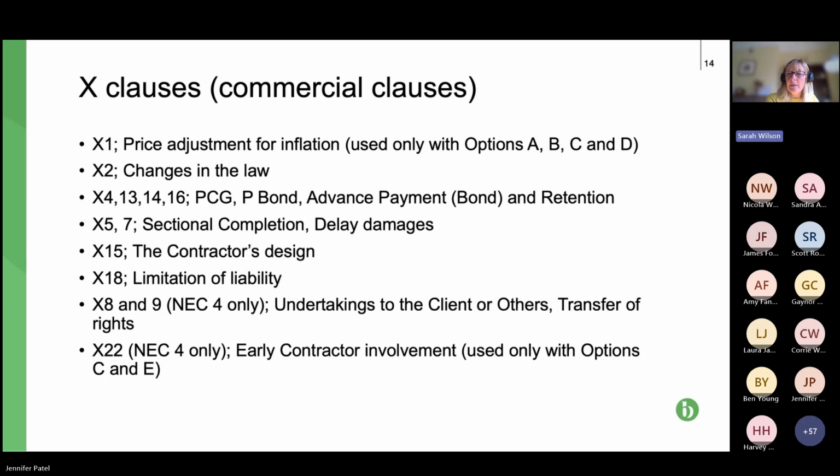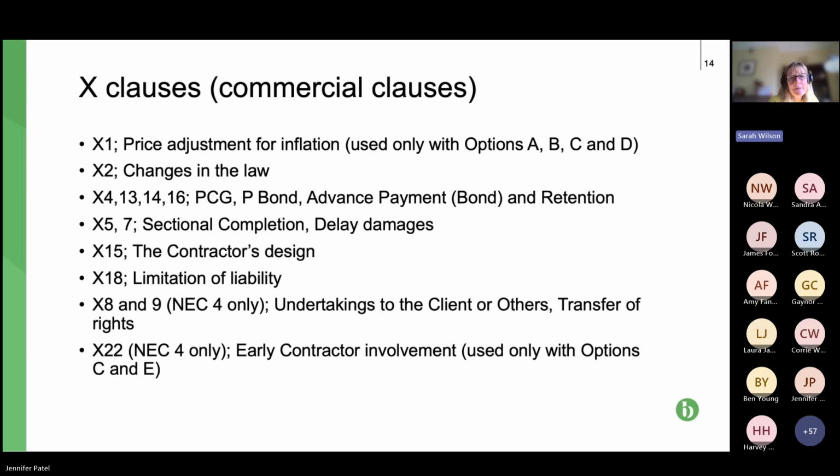So damages if the contractor doesn't complete on time and isn't entitled to any extension of time via the compensation events.